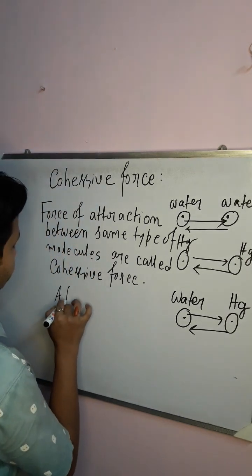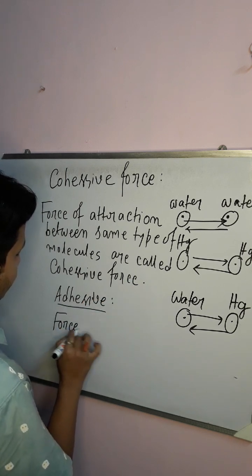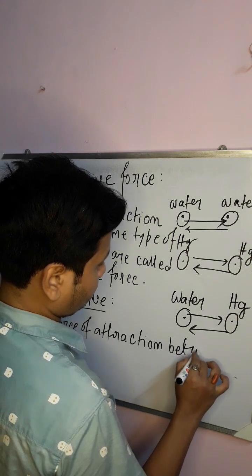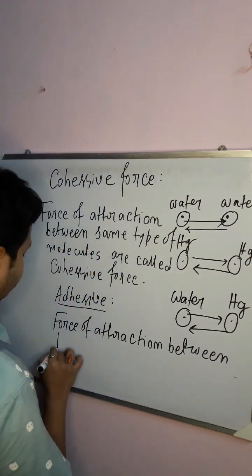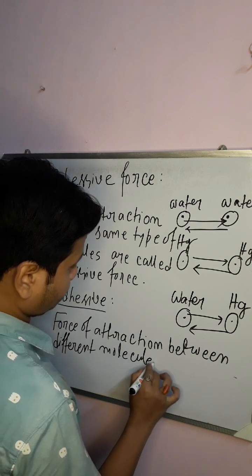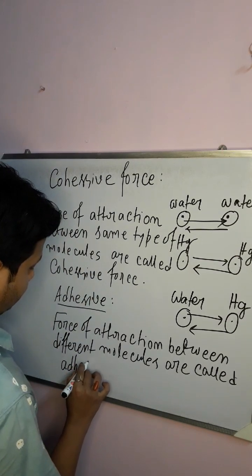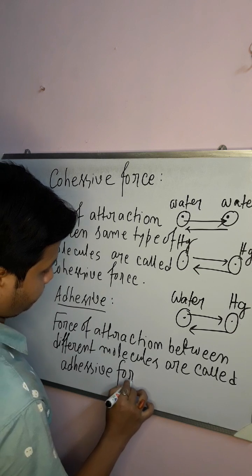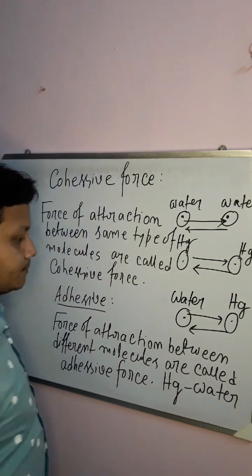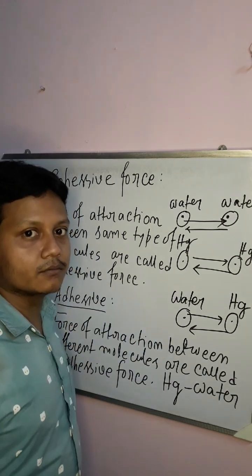The force of attraction between different molecules is called adhesive force. For example, mercury and water.